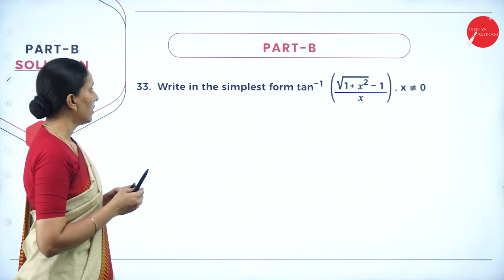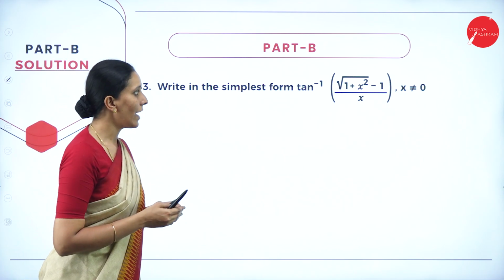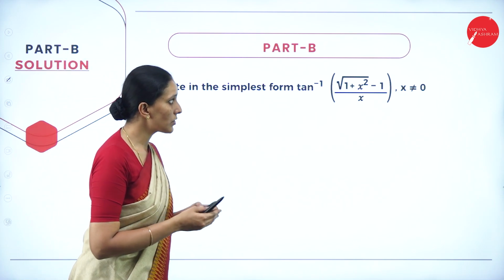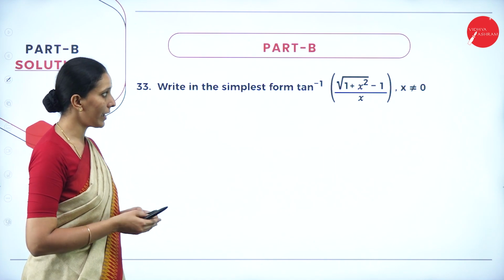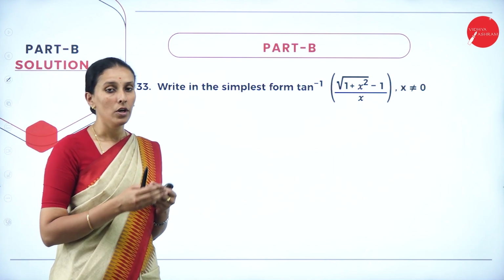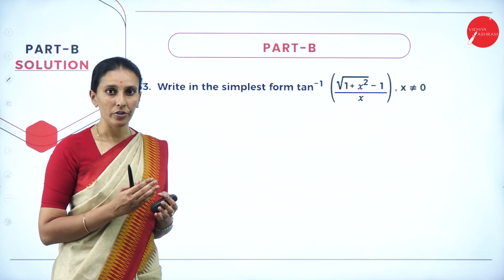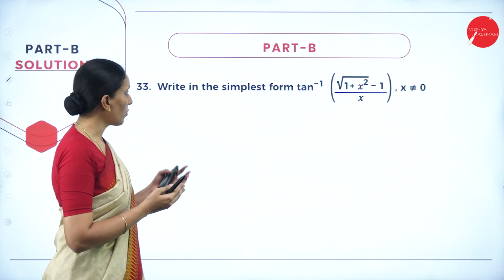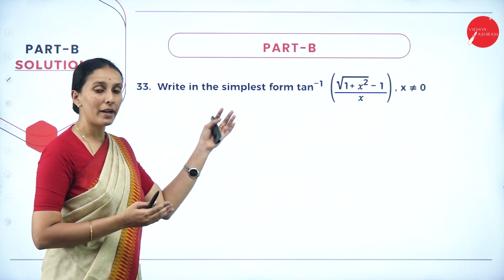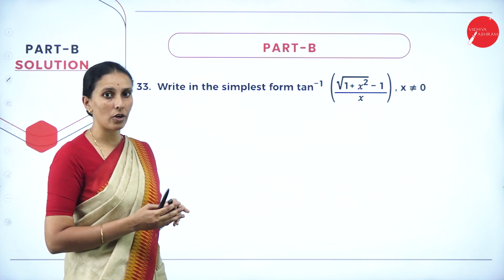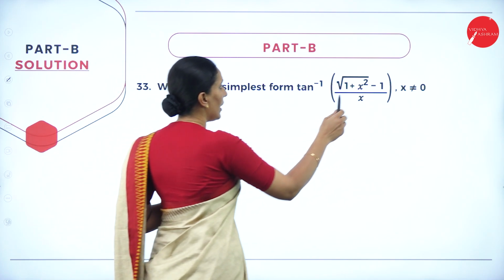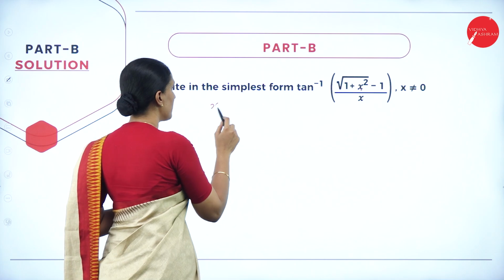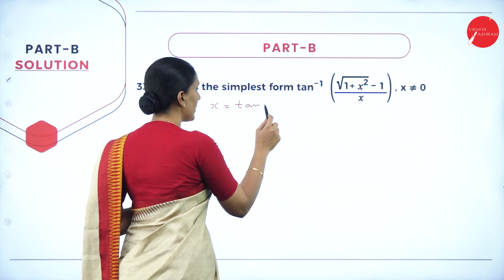Next we have: write the simplest form of tan inverse of the square root of 1 plus x square, minus 1, divided by x, where x is not equal to 0. A question from inverse trigonometric functions. So I have already told you under 3 marks you can expect the simplest form of inverse trigonometric functions. Now let us take the substitution for x. I'll put x is equal to tan theta here.